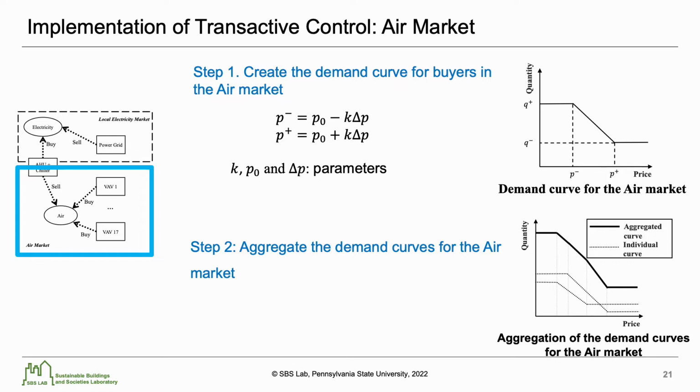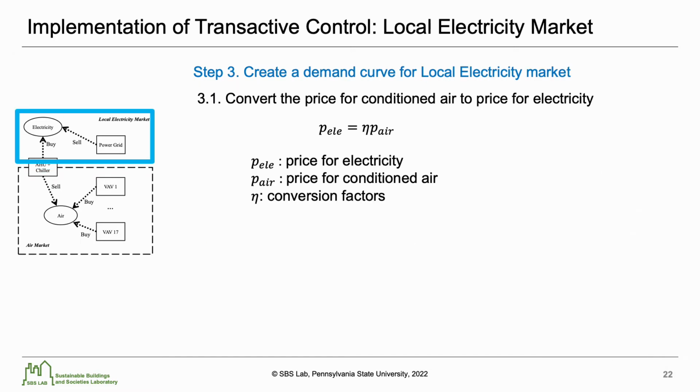This information will be provided to the local electricity market. In this case, the aggregated demand curve indicates the flexibility of the total demand for the cooling energy at the air handling unit level. It also expresses the sensitivities of the demand flexibility to the price changes.